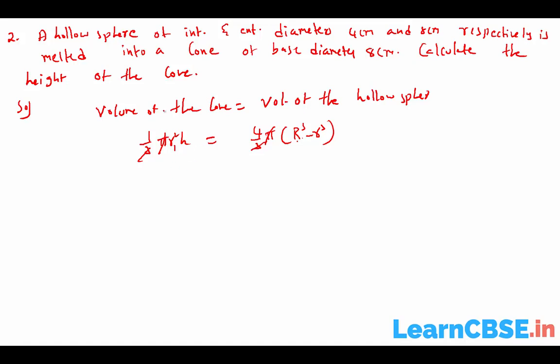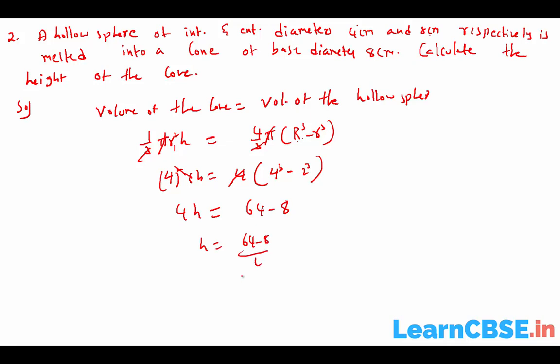R1, which is the radius of the cone, diameter is 8, radius half of the diameter, so 4 square into h equals 4 into R, capital R equals 4, half of the diameter, 4 cube minus 2 cube. 4 square and 4 will cancel, 4h equals 4 cube 64 minus 2 cube 8, then h equals 64 minus 8 by 4, then 56 by 4, 4 14s, that means h equals 14 centimeter.